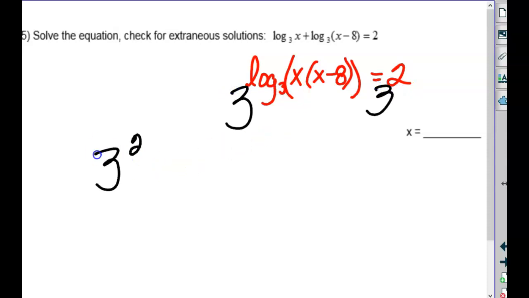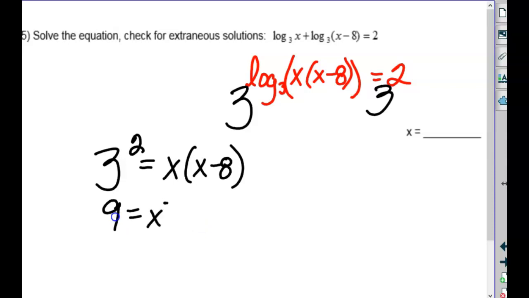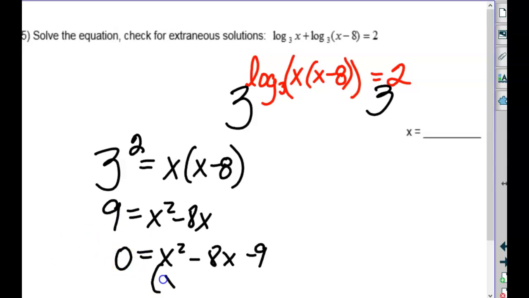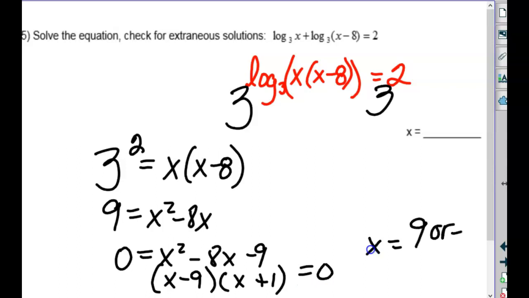It is 3 to the second equals x times x minus 8. You have to use the base in that question to rewrite it. So 9 equals x squared minus 8x, or 0 equals x squared minus 8x minus 9. Like factors, x minus 9, x plus 1, x equals 9 or negative 1.